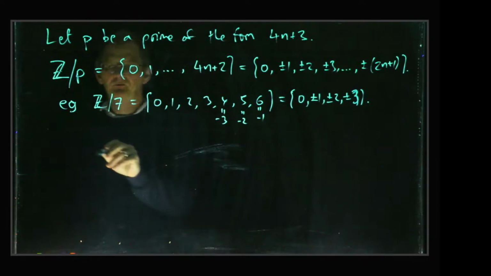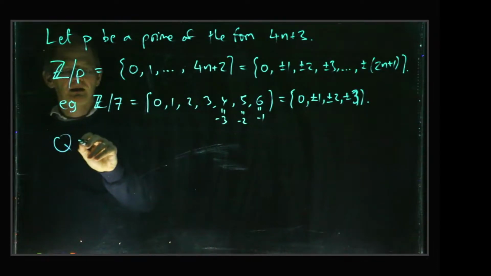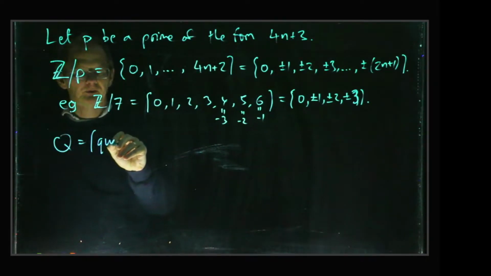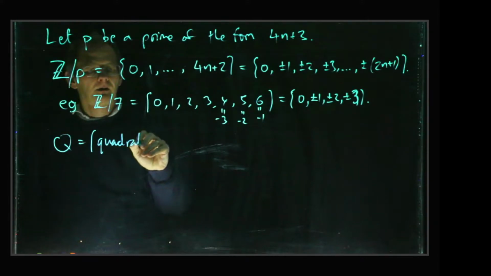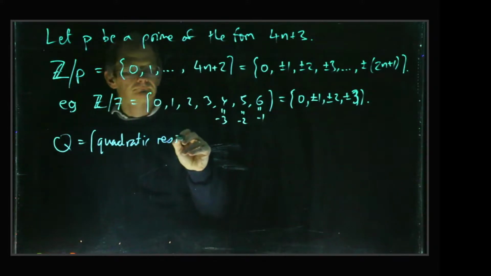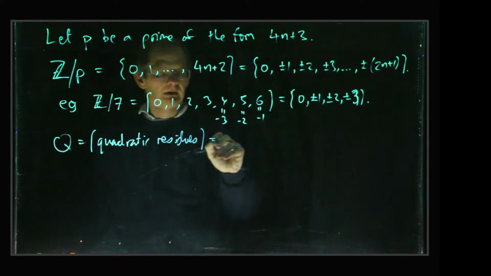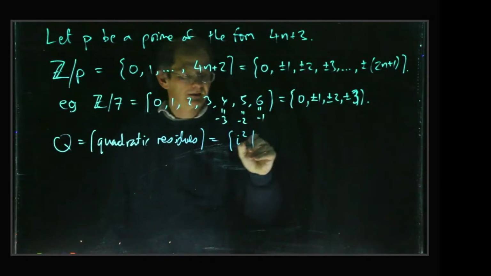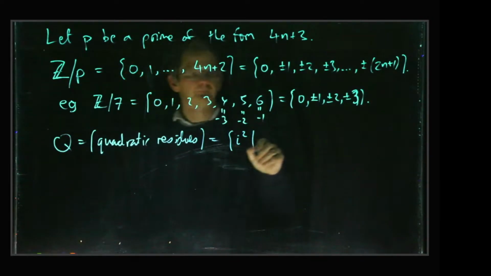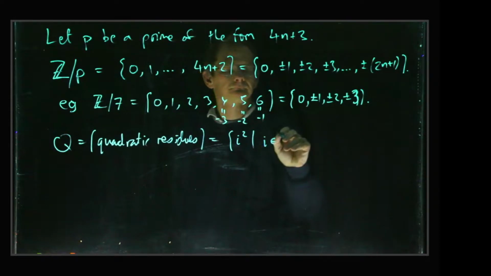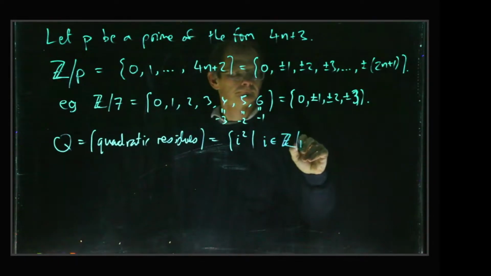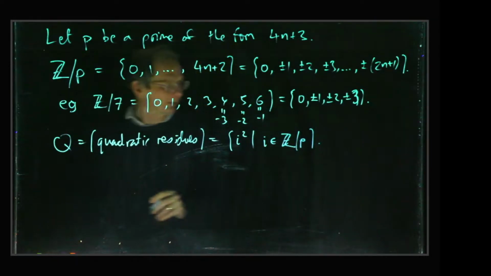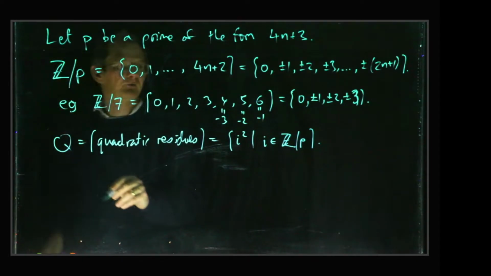Okay, so then we're going to define Q as the set of quadratic residues. That's what they're normally called. That's just the set of all things that are squares. Okay, so let's do the case P is 7.